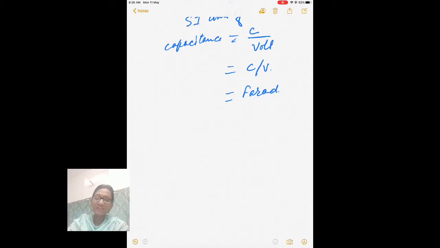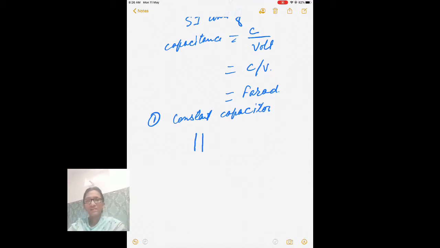So this capacitor is of two kinds, a constant capacitor and a variable capacitor. For constant capacitor you can take two parallel lines like what you take in batteries, two parallel lines but of different lengths. But here the lengths are same.